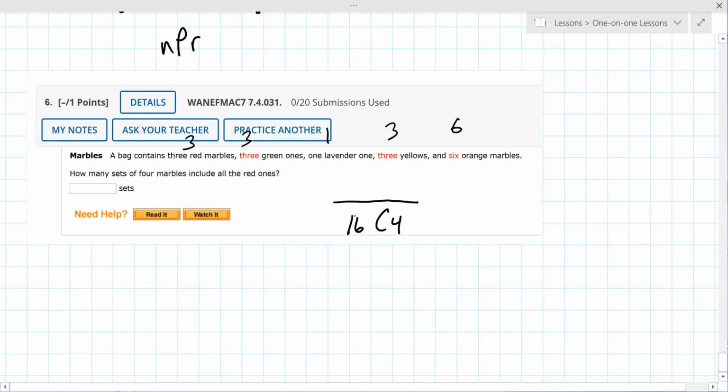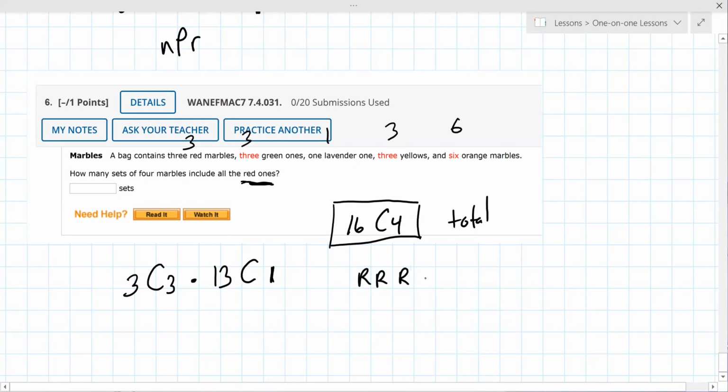Okay, that's how many possible ones, but that's not what we care about here. That's your sort of total. We have to get all the red ones. So we have to do 3 choose 3 times, there's 13 that are left over, and we're going to choose one of them. So for example, this is red, red, red, and then green.